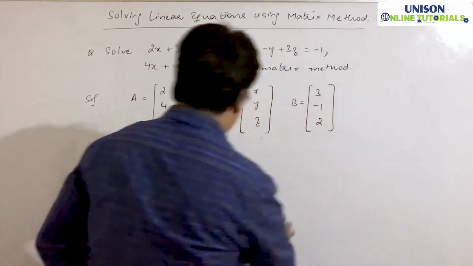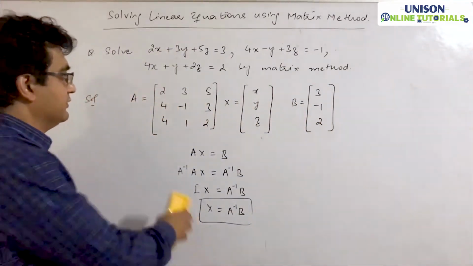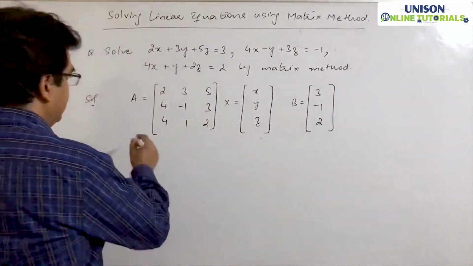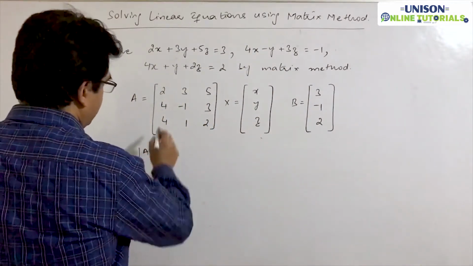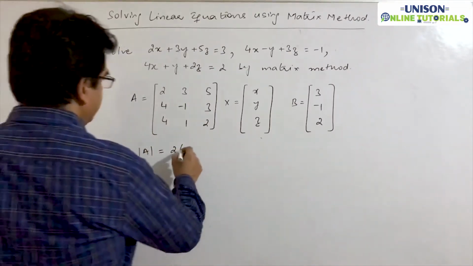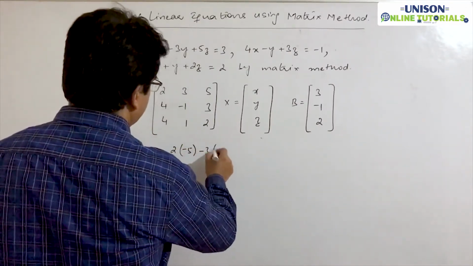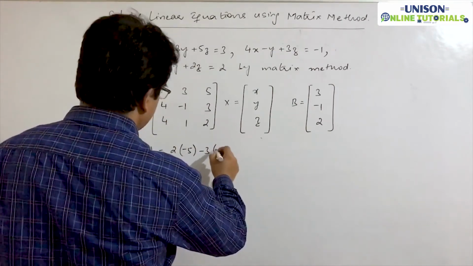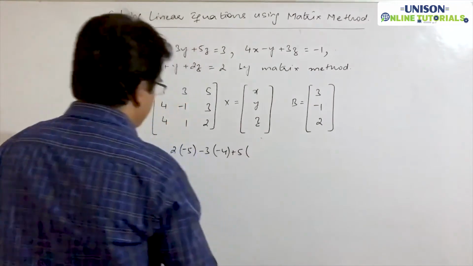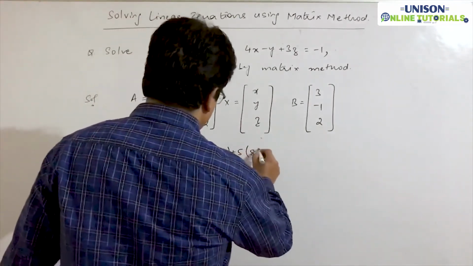So now we calculate x using A inverse B. First of all, let's check determinant of A. Determinant of A is 2 into minus 2 minus 3, it is minus 5, minus 3 into 8 minus 12, it is minus 4, plus 5 into 4 plus 4, it is 8.